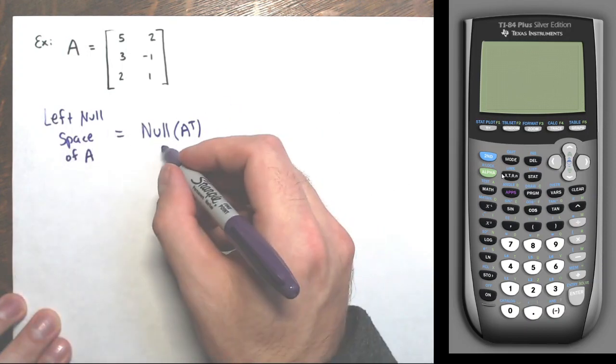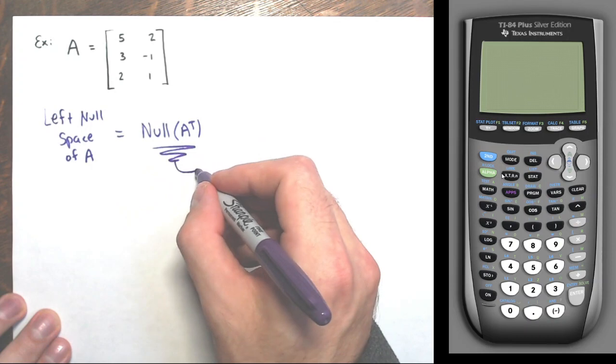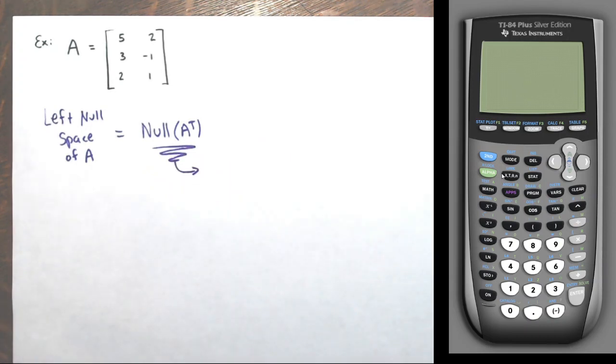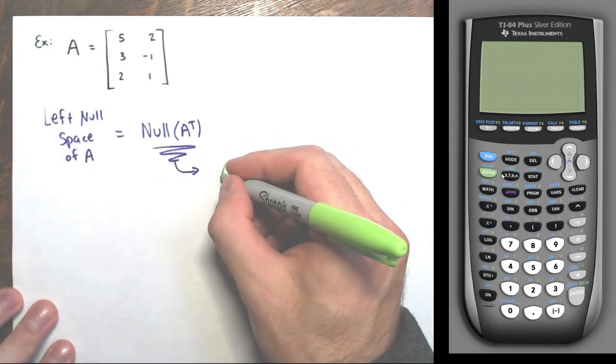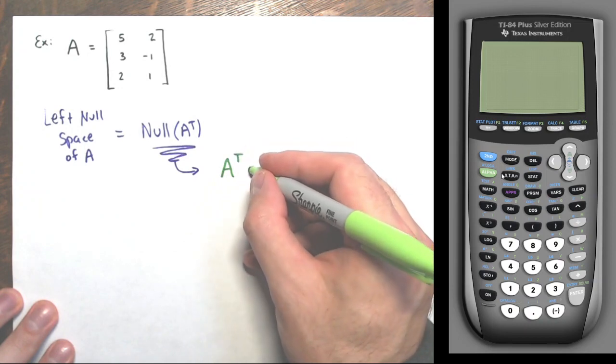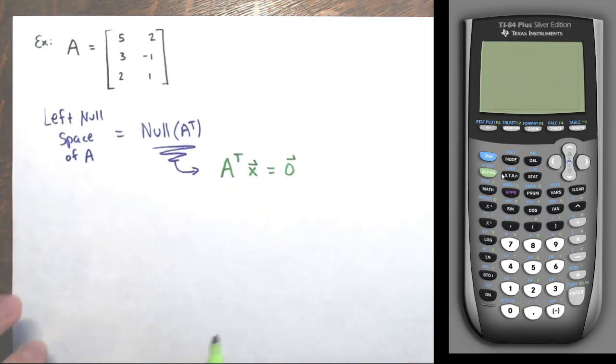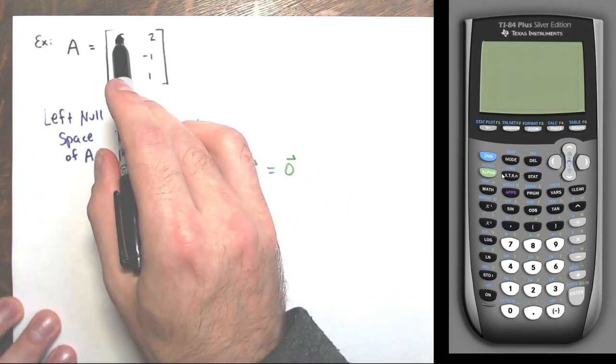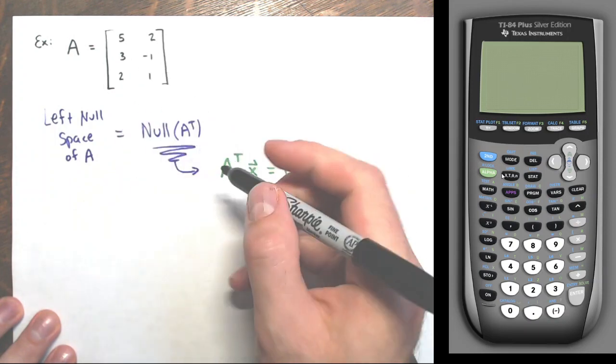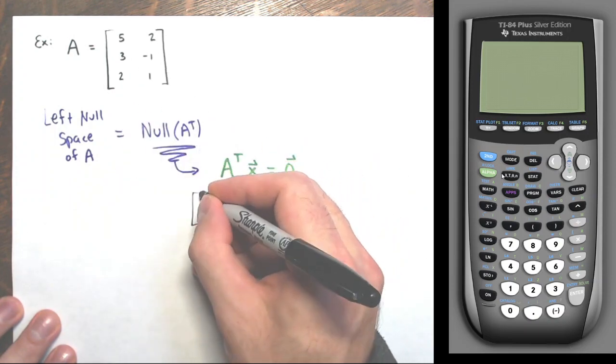And if we're trying to find the null space of A transpose, that means we're trying to find solutions to this equation: A transpose times some vector x equals the 0 vector. So A transpose looks like this. Now, A was a 3 by 2, 3 rows, 2 columns, so A transpose is a 2 by 3.